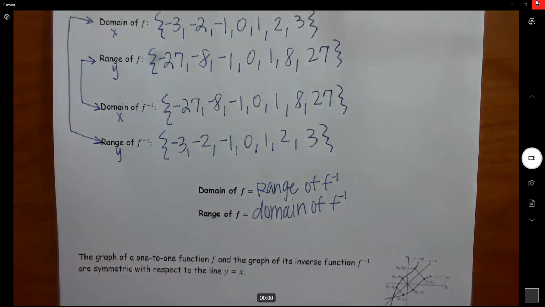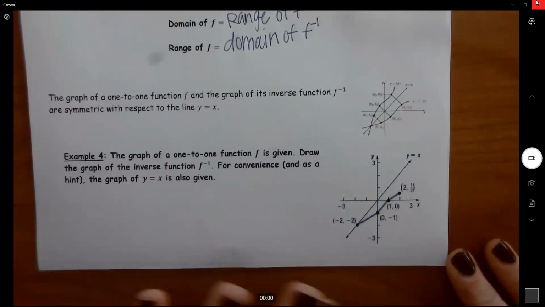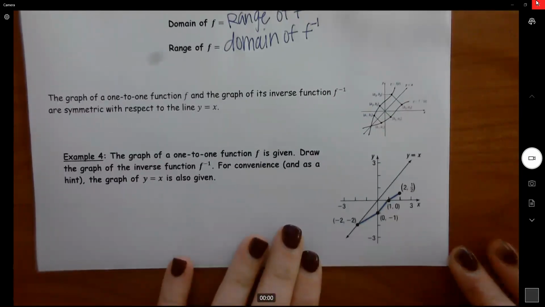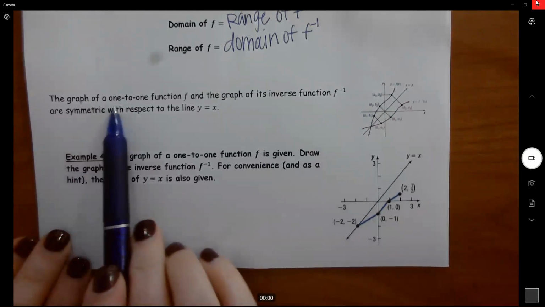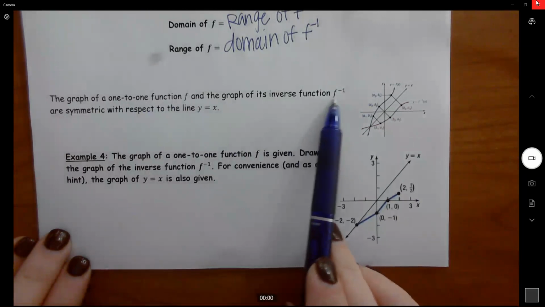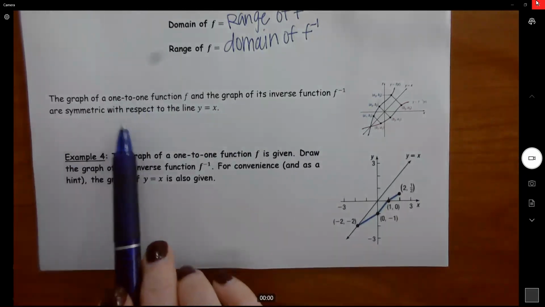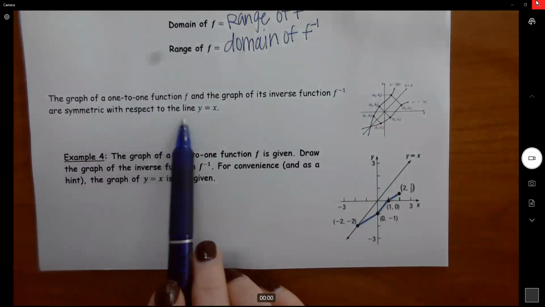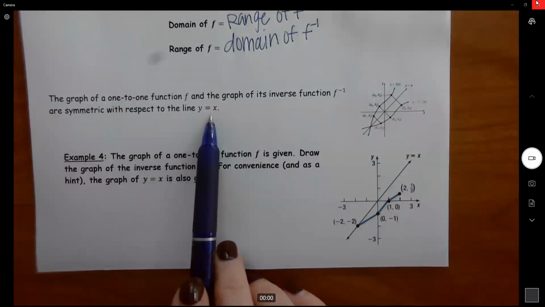Now, using that same concept, we can graph inverse functions. The graph of a one-to-one function, f, and the graph of its inverse function, f to the -1, are symmetric with respect to the line y equals x.